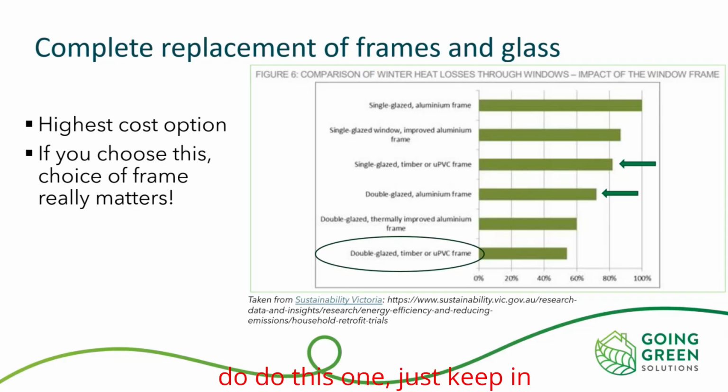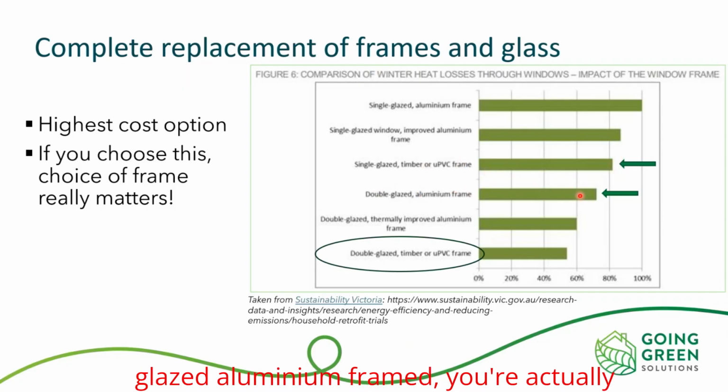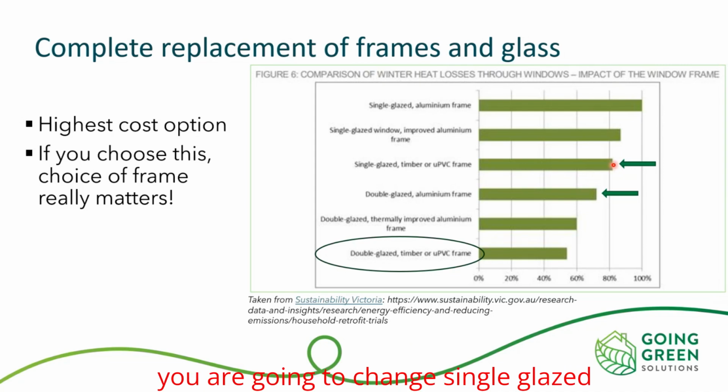If you do this one, just keep in mind that because of the importance of the frames being responsible for 1/3 of the heat, this is a single glazed timber framed window, and if you change that to double glazed aluminium framed, you're actually only creating a very small improvement because you've improved the glass, but you've made the frames worse. So if you are going to change single glazed timber framed, try and get the double glazed timber or UPVC framed for a better effect.